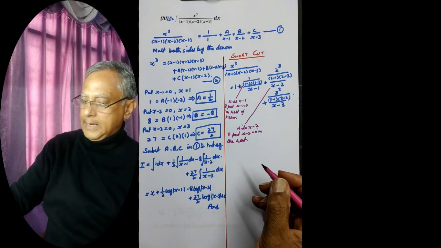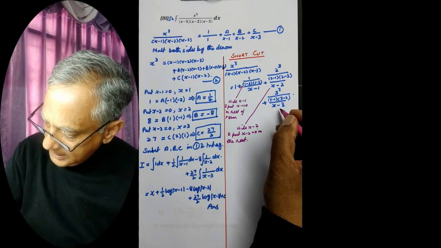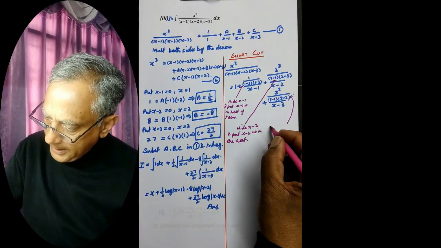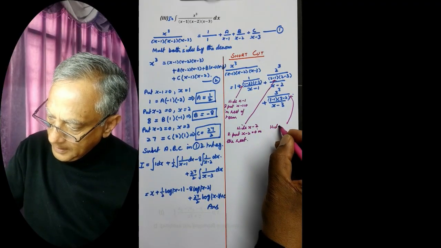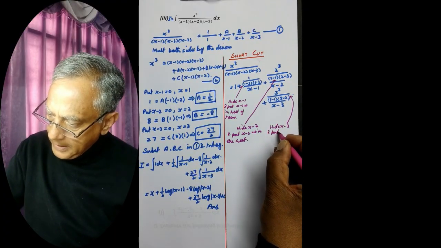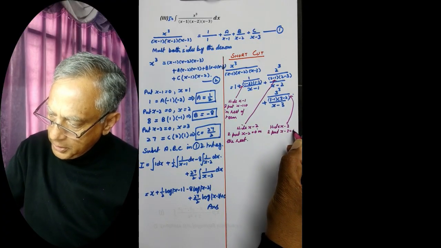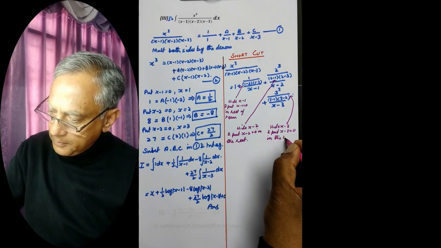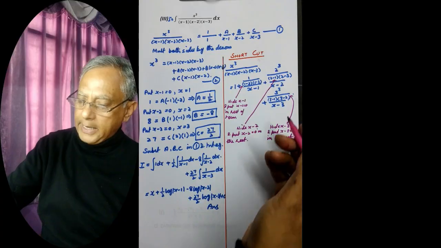And for this, hide x minus 3 and put x minus 3 equal to 0 in the rest of the term. We will directly get these constants.